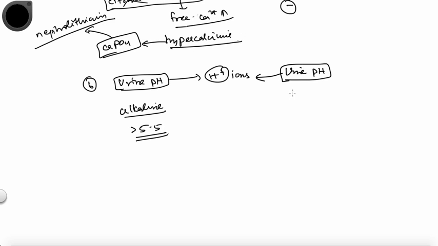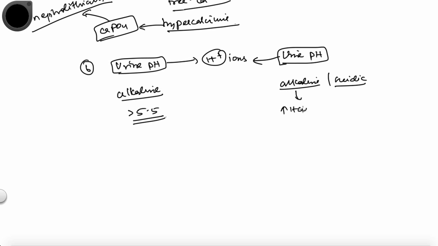But in proximal renal tubular acidosis, the urine pH can be alkaline or it can be acidic in some patients. There are a lot of reasons. The reason for alkaline pH is when you have more bicarbonate excretion in the urine, this bicarbonate can complex with the H plus and decrease the free H plus in the urine and produce an alkaline urine, or it can produce an acidic urine since the distal part of the nephron is intact and can secrete H plus ions into the urine.